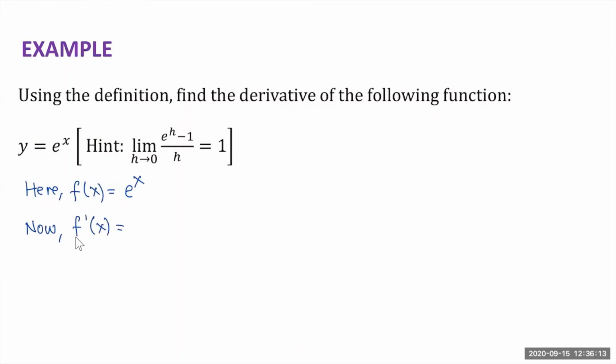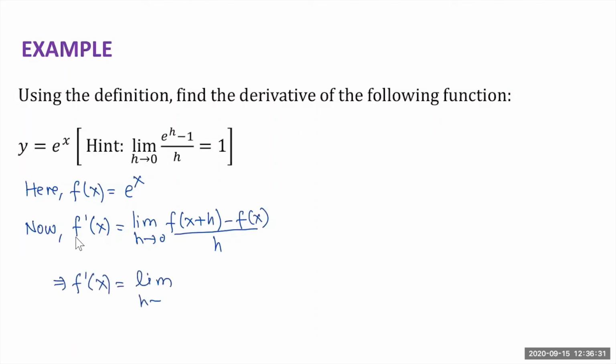And you know that the definition is the limit as h approaches 0 of f of x plus h minus f of x, divided by h. So that will be equal to the limit as h approaches 0. f of x is e to the x. So f of x plus h will be e to the x plus h, minus f of x, which is e to the x, divided by h.